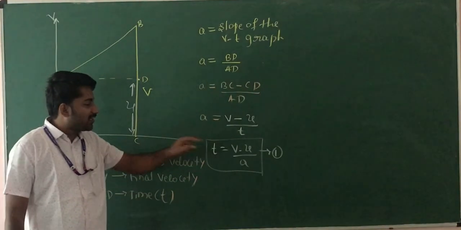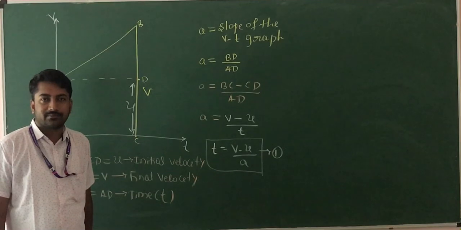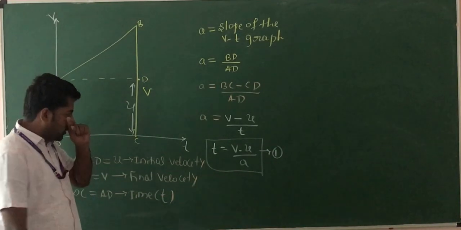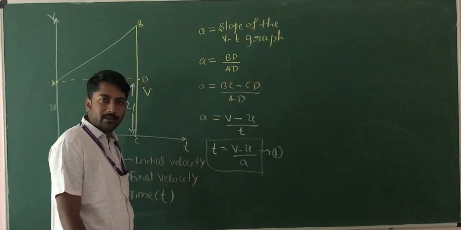From using this time equation, we will find v square is equal to u square plus 2as. Here t is equal to v minus u divided by a.